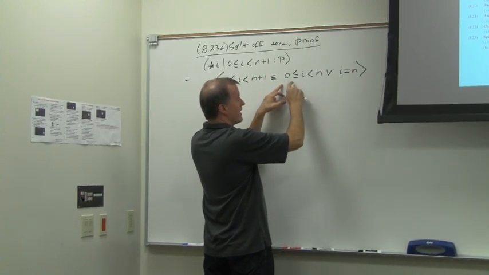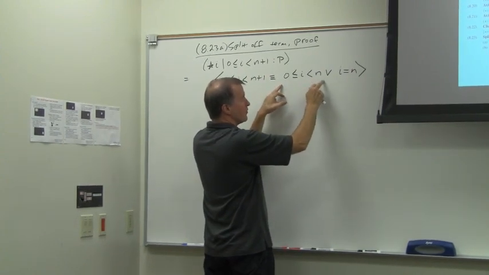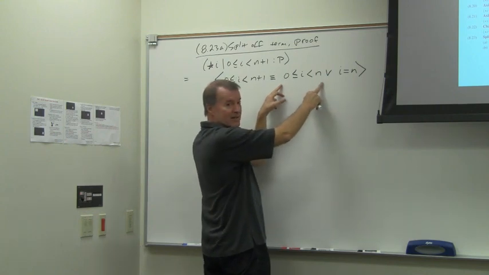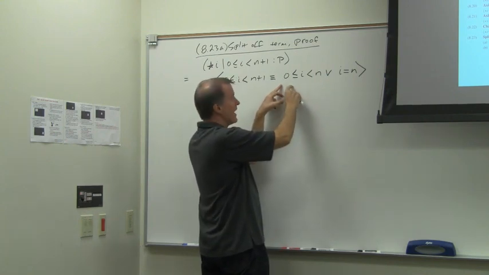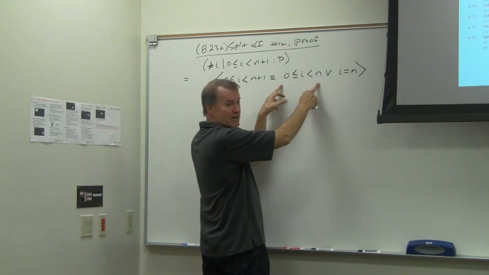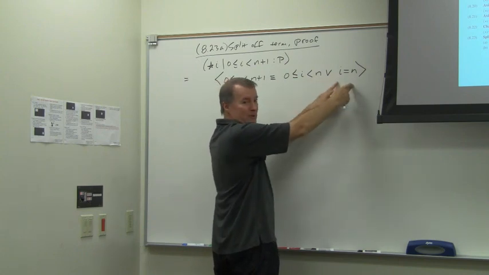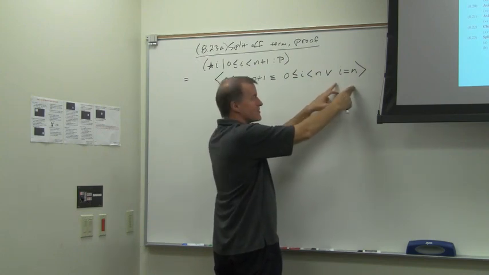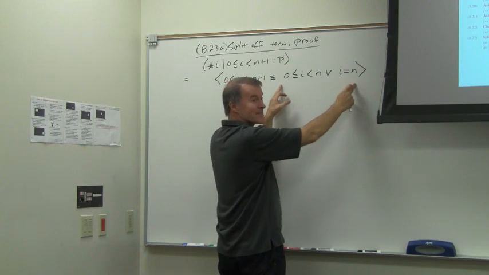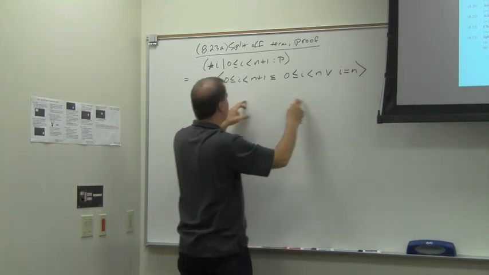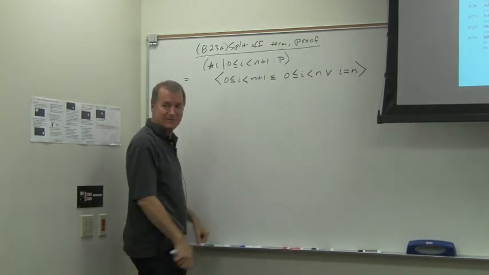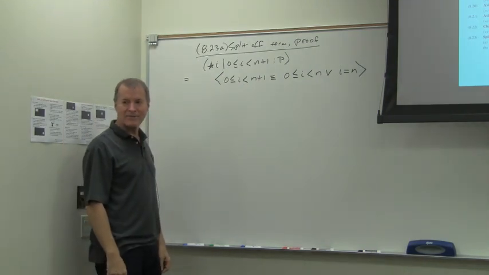Well, it's true when I is 0, 1, 2, 3, because true or anything is true, right? So it's true when I is 0, 1, 2, 3, up to n minus 1. But when I is n, this part is true, but this part's not, but true or this is still true. So this Boolean expression is true if and only if this is true. Does that make sense?